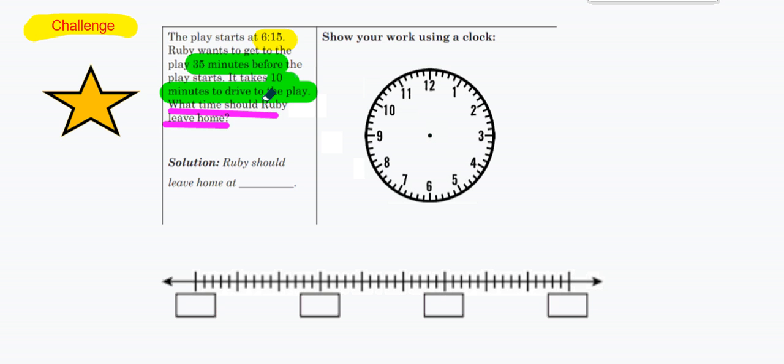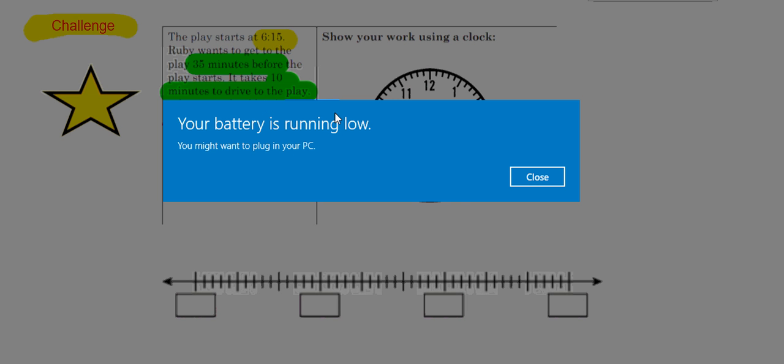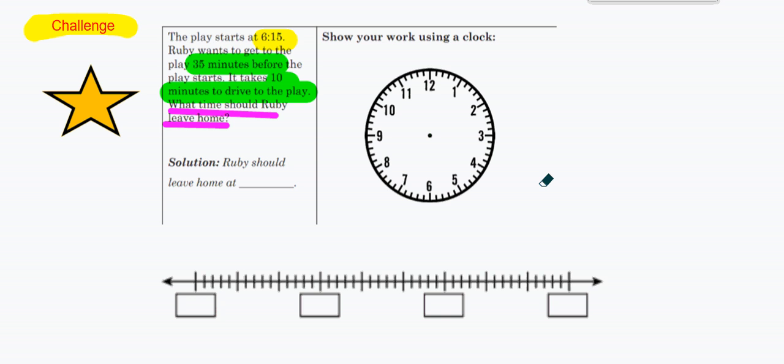She wants to get there 35 minutes before it starts. But she must also think that it takes 10 minutes to drive there from her house. Okay? So you guys must consider that not only she needs to drive there for 10 minutes, right? She has to drive there for 10 minutes and she wants to be there at least 35 minutes before.